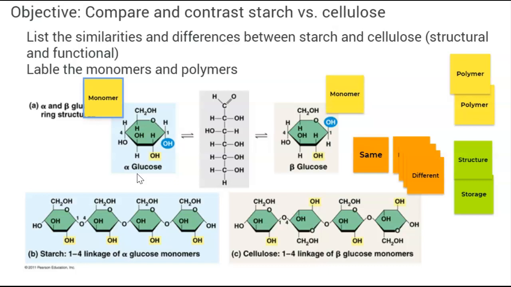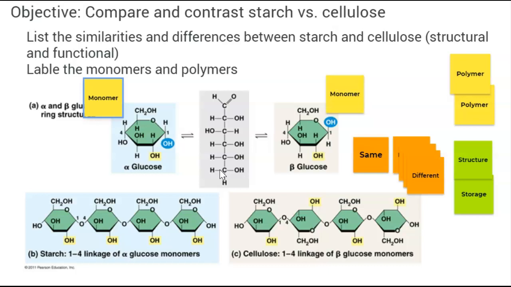So I do want to say, since we're right here, the idea is that this is the same molecular structure, except when it goes to form the ring, it makes a different structure in a ring structure. So same linear structure. However, when it goes to close the loop and make the ring, something different happens.